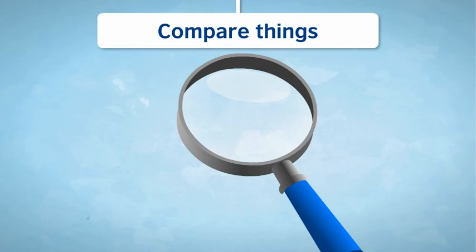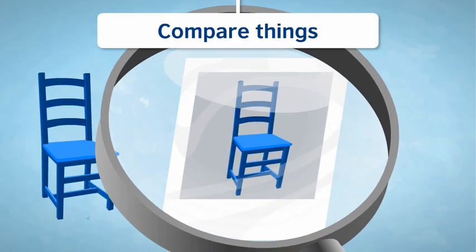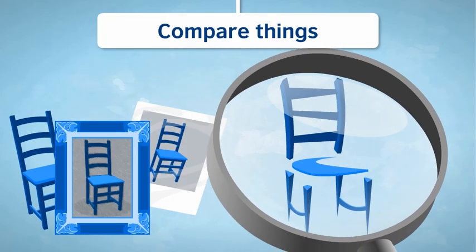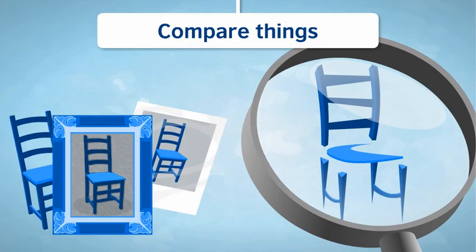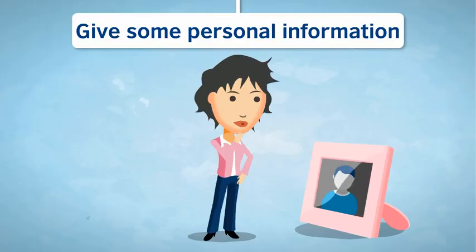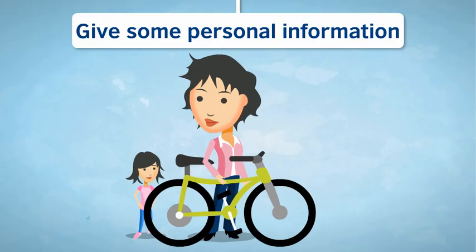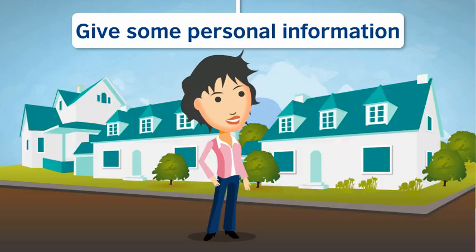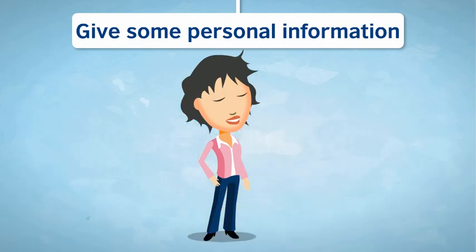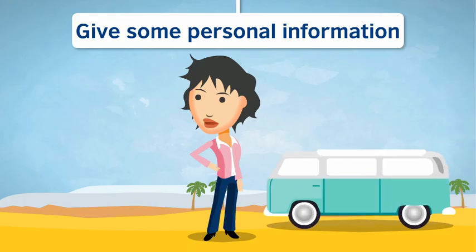Compare things. These can be real objects, photographs or artwork, or even abstract concepts. Give some personal information. This might involve talking about your family, hobby, hometown, or some experience you've had, such as a holiday.